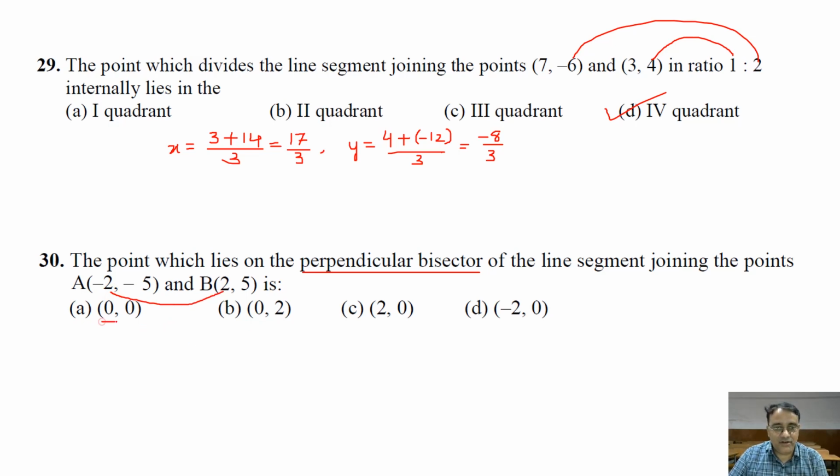Now in the x coordinate there is 0 in two places, so we cannot choose blindly. Now the next one is (-5 plus 5) by 2, that is also 0. So which option is the correct one? Option A. Right. Any doubt in this question?